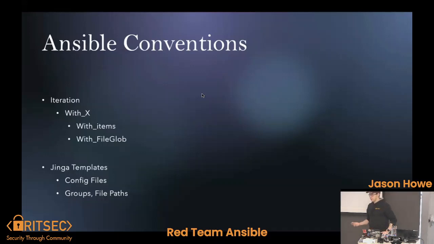It was my assumption that it didn't work because of the with_fileglob thing, and it was actually more of just a skill issue. The files that they were trying to copy just weren't in the directory they were supposed to be. Actually, they weren't even on the box at all. So it was a skill issue instead of an Ansible skill issue. So yeah.